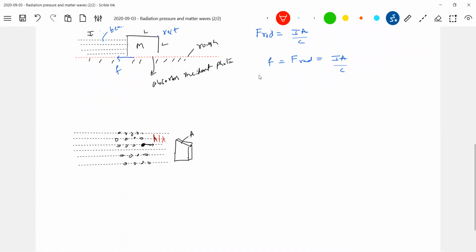It will get reflected back. What is the change in momentum of the photon? 2h by lambda. So directly let me go for the force experienced by this surface.